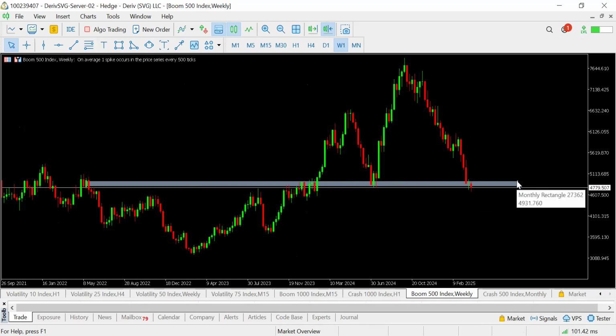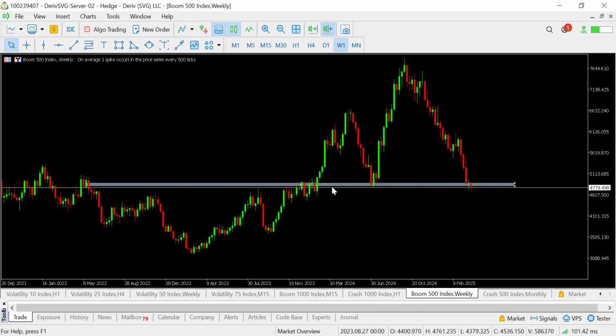The momentum downwards is gradually reducing. So we have to patiently wait for whatever happens. And some people can even see this as a double bottom. So there's a lot that can happen here.